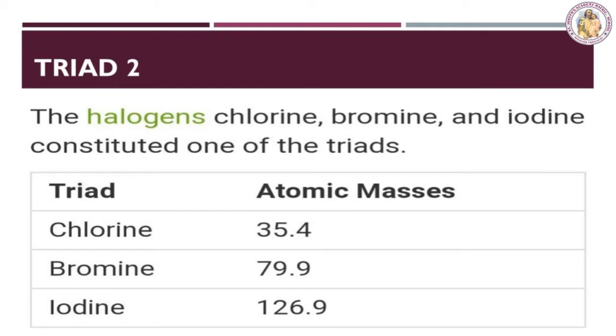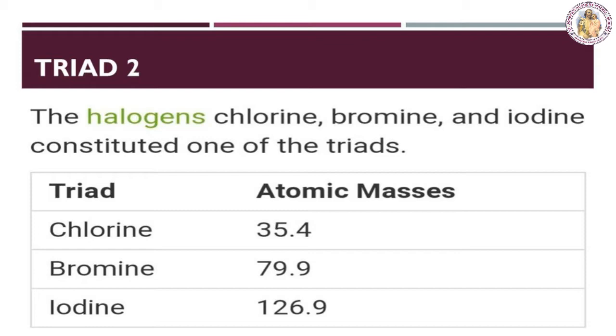Next one is triad 2. The halogens chlorine, bromine and iodine constitute one of the triads. Okay, you will do this calculation at home. Chlorine atomic mass is 35.4, bromine is 79.9, iodine is 126.9.